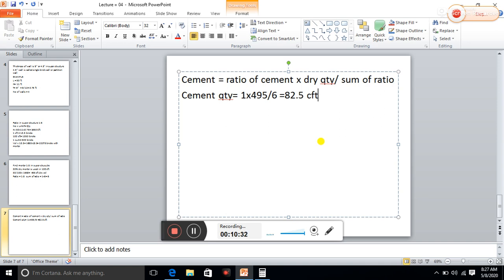Now to convert 82.5 into bags of cement, we will divide 82.5 by 1.25.